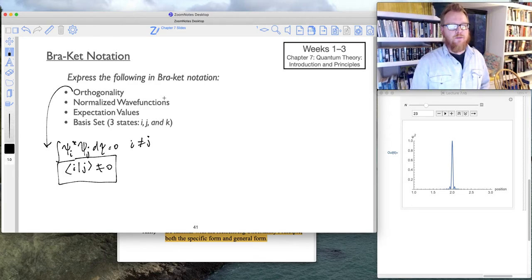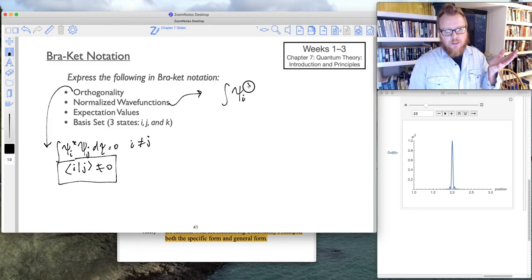So now what about a normalized wave function? Let's do that over here. I'll remind you, normalization. If I have a normalized wave function, that's the integral of psi i star psi i.